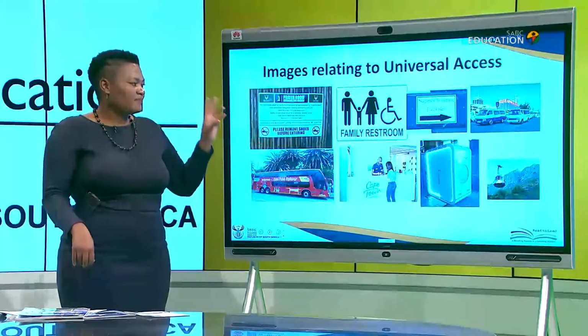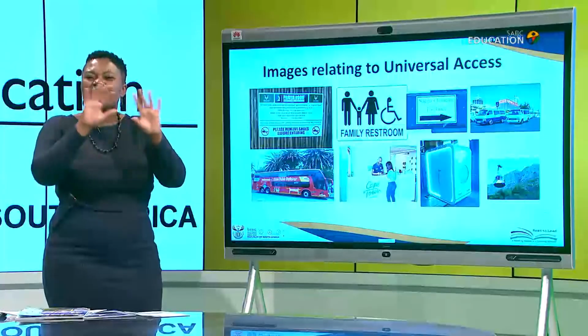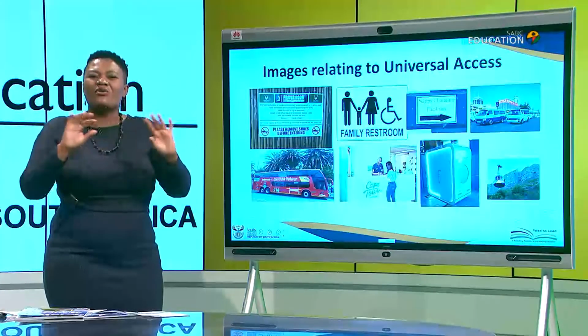But then let's look at the images again. The reason why I'm saying this is that universal access now encapsulates everyone. Everyone is included. The family with the wheelchair-bound tourist, the family restroom, that one actually explains that universal access is about including everyone and everything, and the attraction is accessible by everyone. Disability or no disability, you are accommodated. Old or young, you are accommodated.